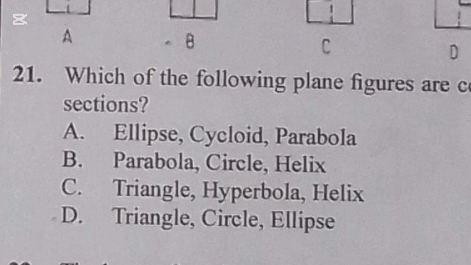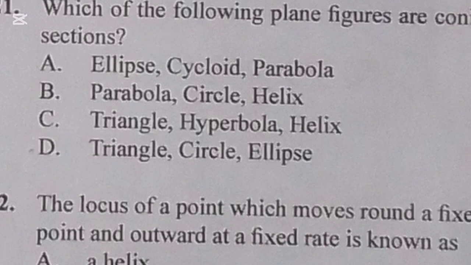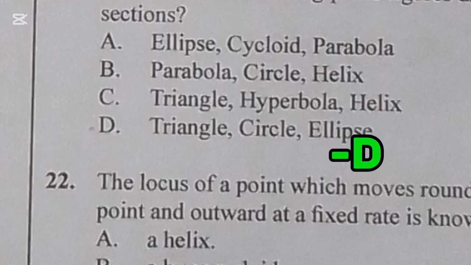Ellipse is a conic section, cycloid isn't, parabola is a conic section, so A is out. Option B is out as well. Triangle is, hyperbola is a conic section, helix isn't. So the correct answer here would be D. Triangle is a conic section, circle is a conic section, ellipse is a conic section.